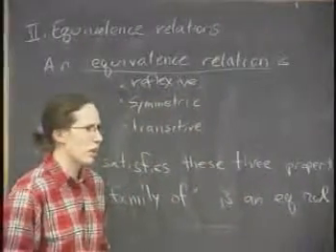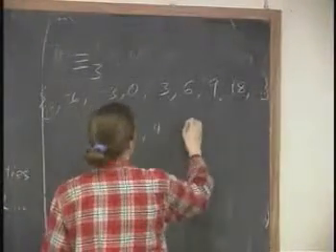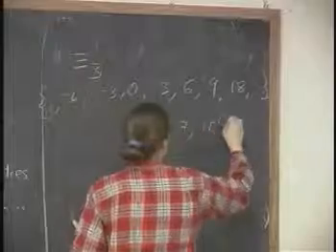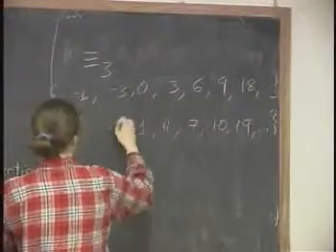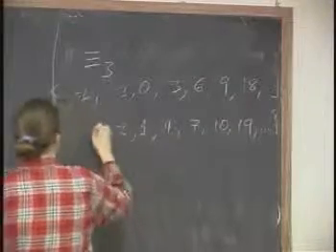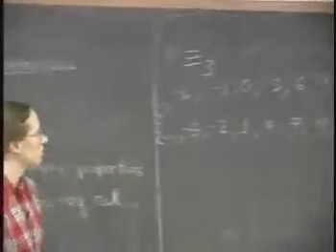If we look at the set of all things equivalent to 1, well, we have 4, 7, 10, 19, minus 2, minus 5, dot, dot, dot.